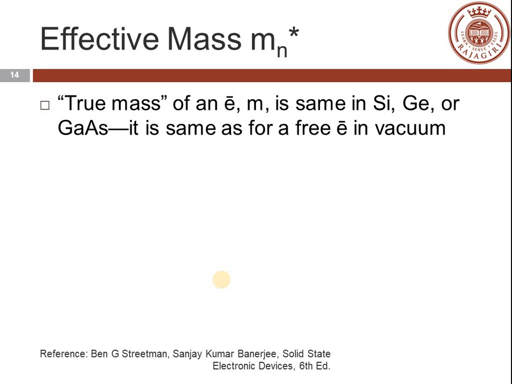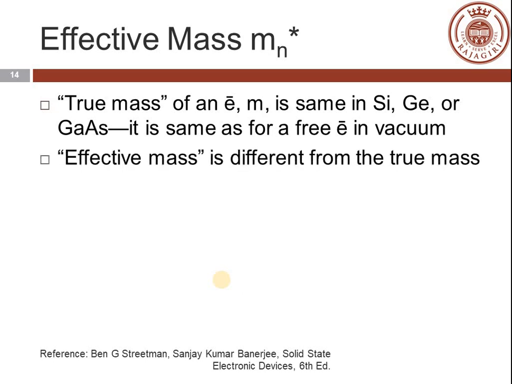Whatever material you take, the true mass will be the same, which is the mass of an electron kept in vacuum. That means no external forces are applied on that electron. It is purely free. But effective mass is different from true mass.